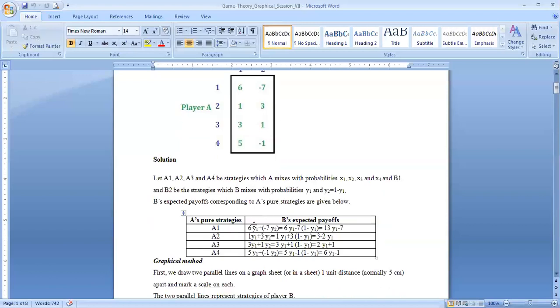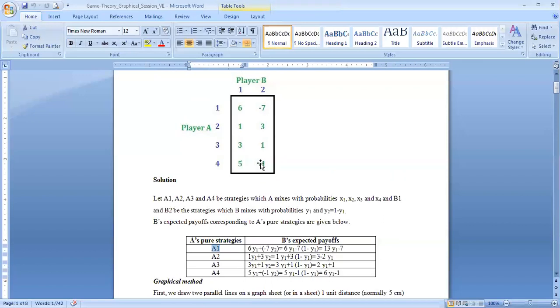Let us see that. Here, A's pure strategies: when he plays the first strategy A1, the expected payoff for the player B is 6 into y1, because he is going to use the frequency y1 for the first. So when the player A is using A1, then 6 into y1 plus minus 7 into y2 will be the total payoff to the player B.